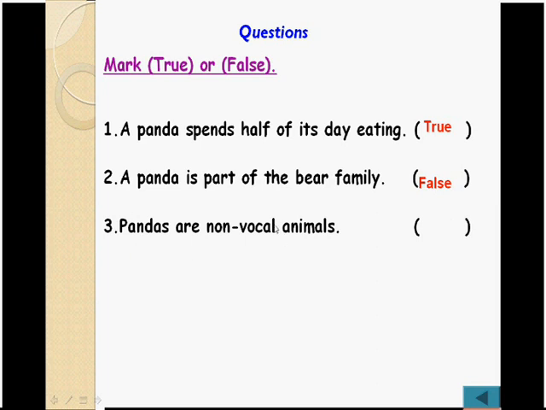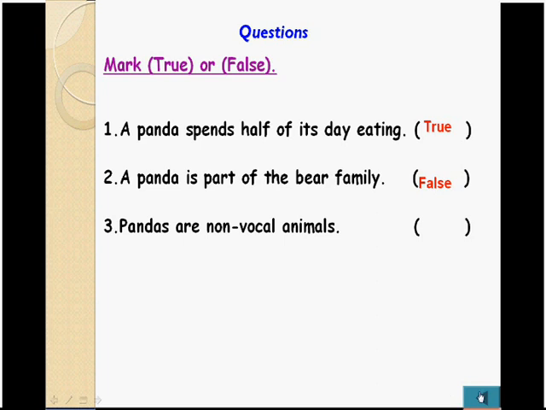Number 3, pandas are non-vocal animals. Of course, we are talking about pandas, and so we have here the words non-vocal animals, okay? I think we talked about the word vocal together, and here we have non-vocal, which of course means that it's not, okay? Non here means not, negative.